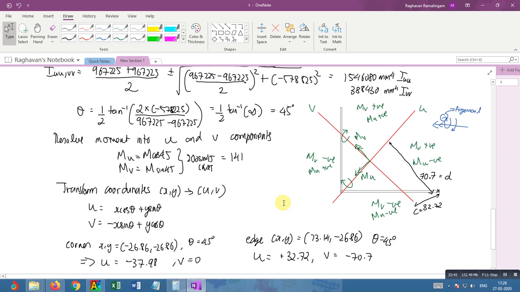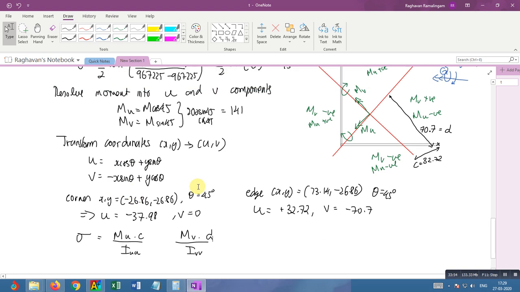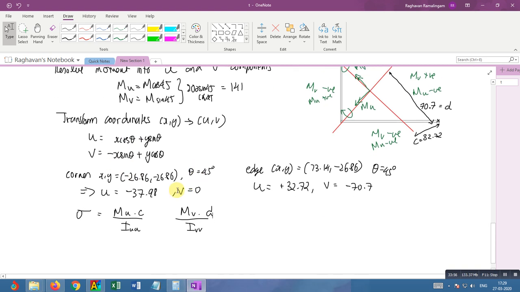Let's take this quadrant. The stresses caused by mv are negative, and the stresses caused by mu are positive.